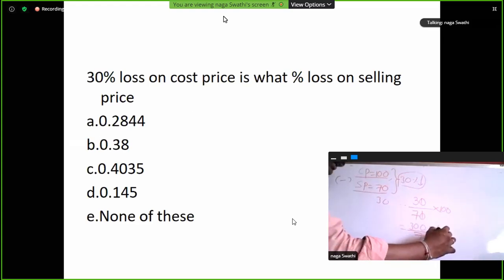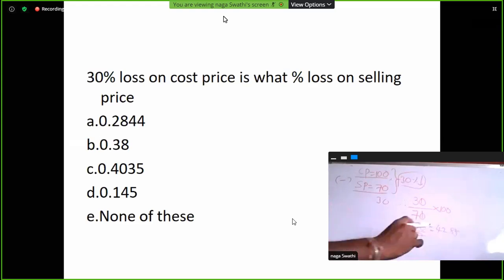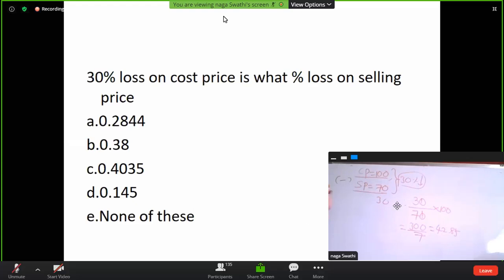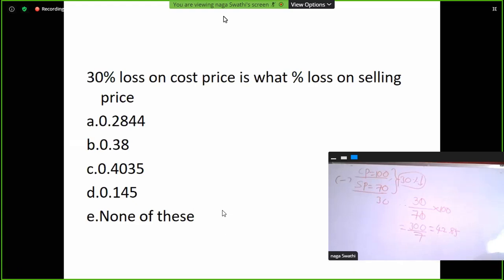That is equal to 42.85. Option E, none of these.